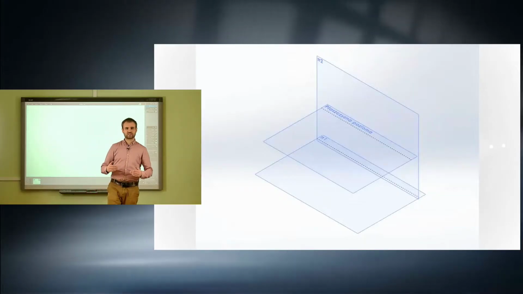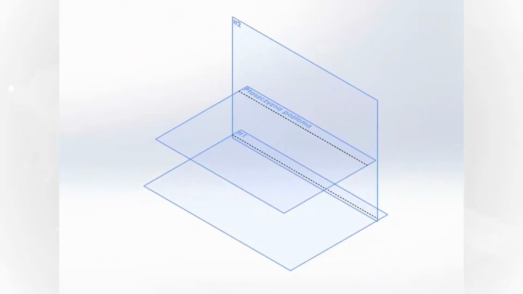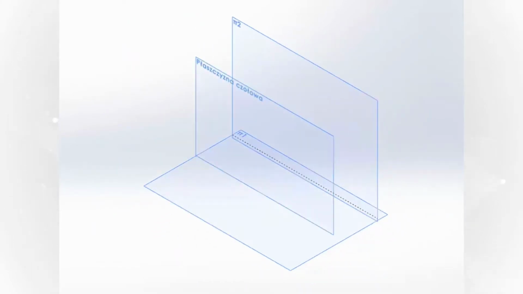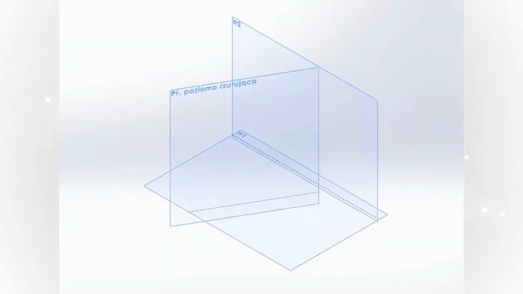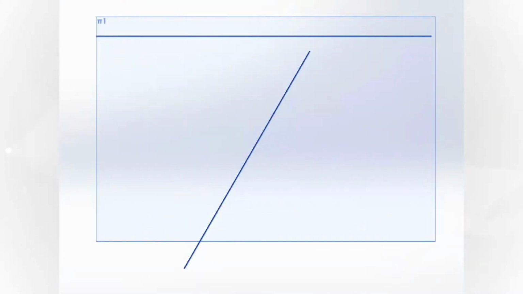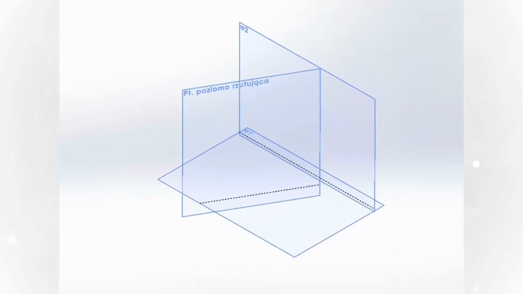And edge planes are special planes which will be perpendicular to the elevation view or plane view. In the movie we see the horizontal plane which is perpendicular to the P2 plane. Now we see the frontal plane which is perpendicular to P1 and parallel to P2, and a little bit more general case, the edge plane which is only perpendicular to P1, sometimes called a horizontally projecting plane.